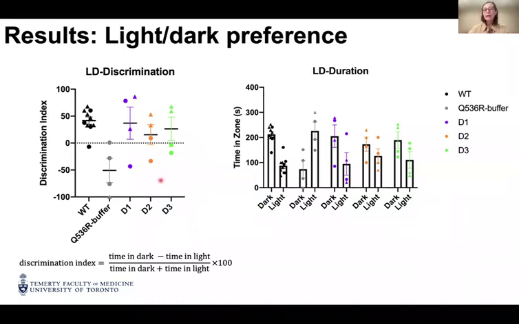Usually a wild type mouse will prefer to be in the dark. It's safer, but the mutant animals prefer to be in the light. I think it's because they have some visual problems, or maybe some anxiety. There could be many reasons why they do that. But we did see in these treated animals a pattern that was more similar to wild type.